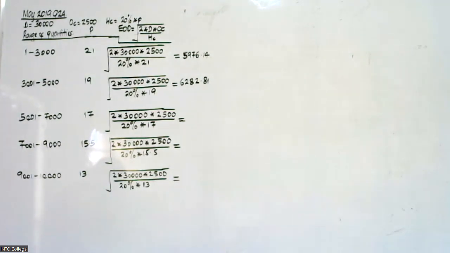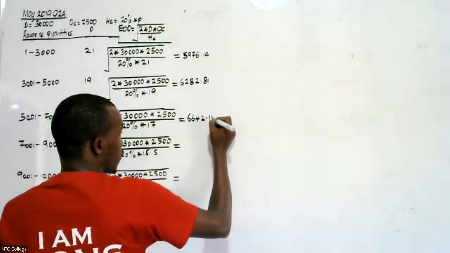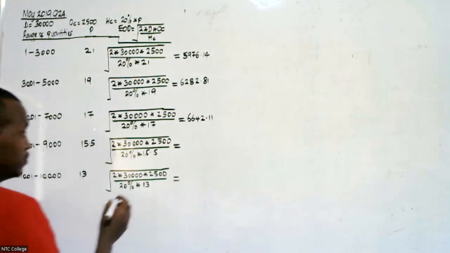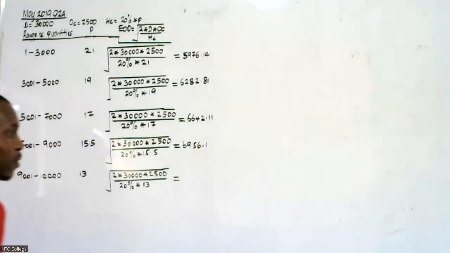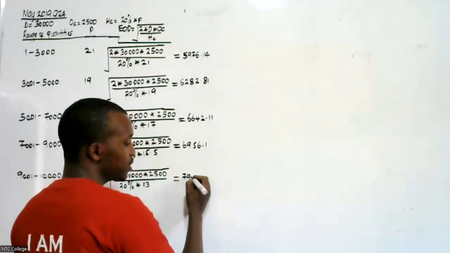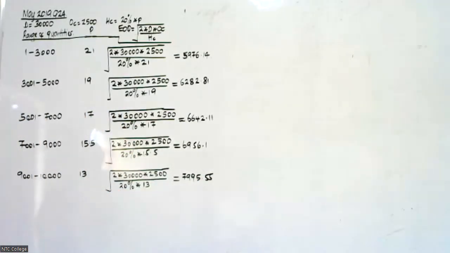Then the third one, 6,642.11. The fourth one, 6,956.1. The last one, 7,595.55. Yeah?